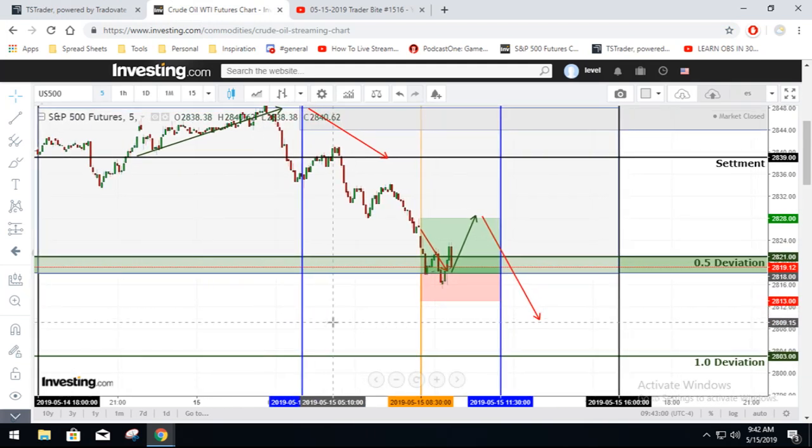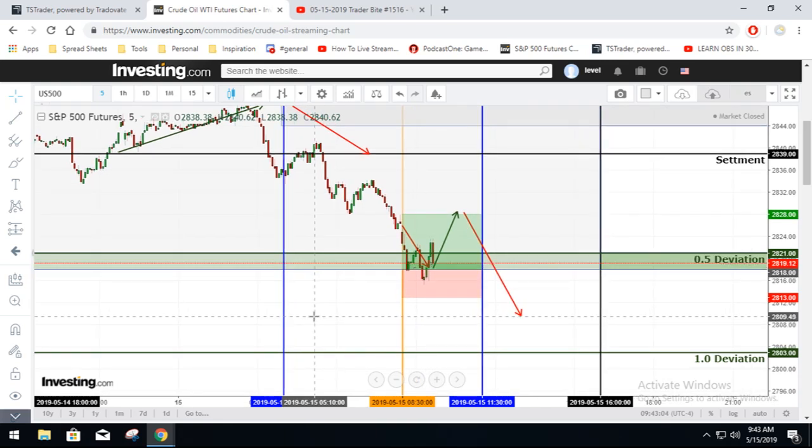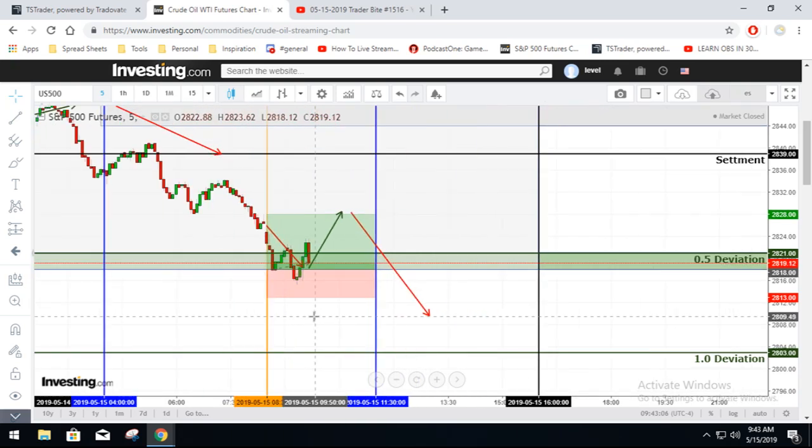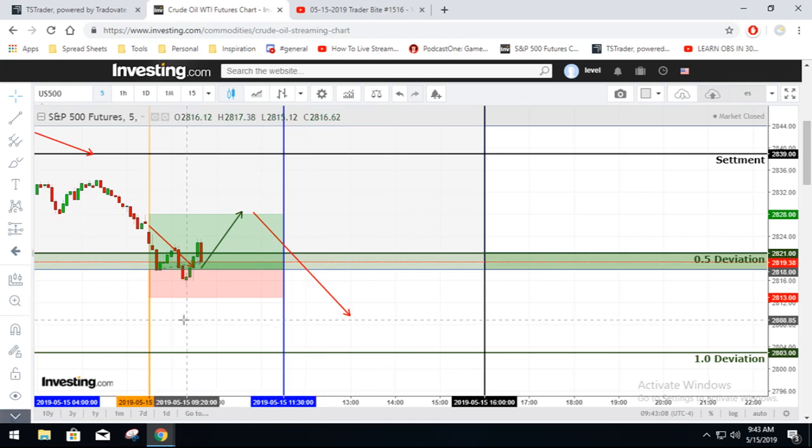Alright, that is your entry opportunity right there. If there's a patient trader, there is your entry opportunity right at 18s. Market is open.